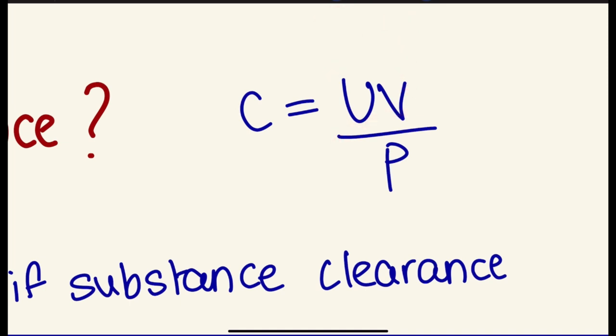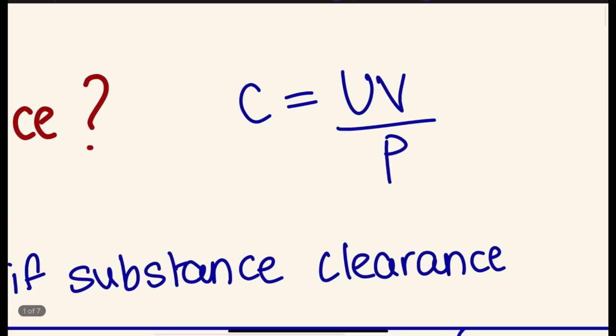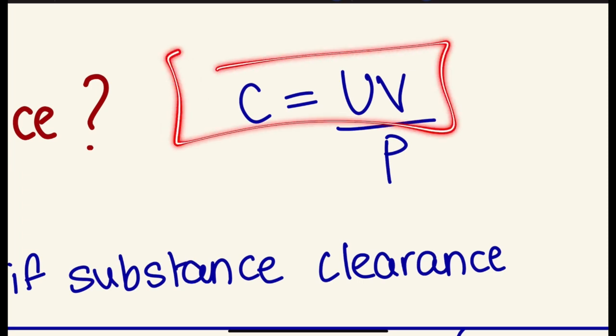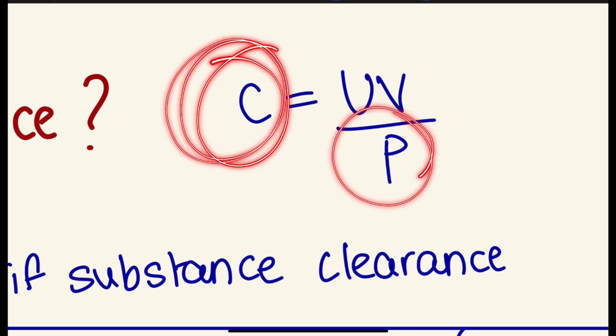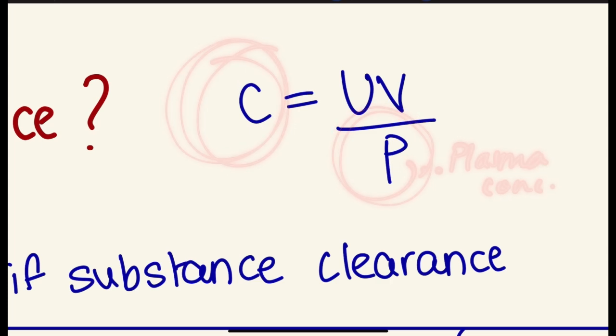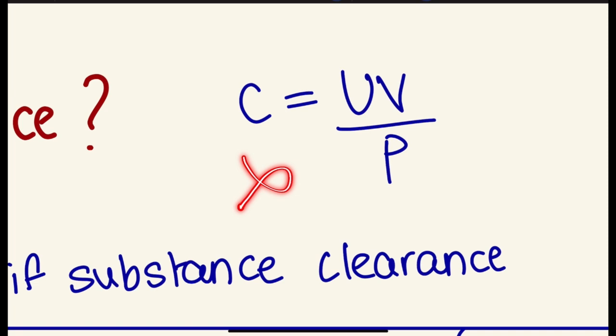But you should be able to tell, okay, if for example the urine flow rate is high, then the renal clearance would be high. Okay, if the urine concentration is low, then the renal clearance is going to be low. So this is directly proportional, whereas the renal clearance and the plasma concentration, so P stands for plasma concentration of the substance, are going to be inversely proportional.